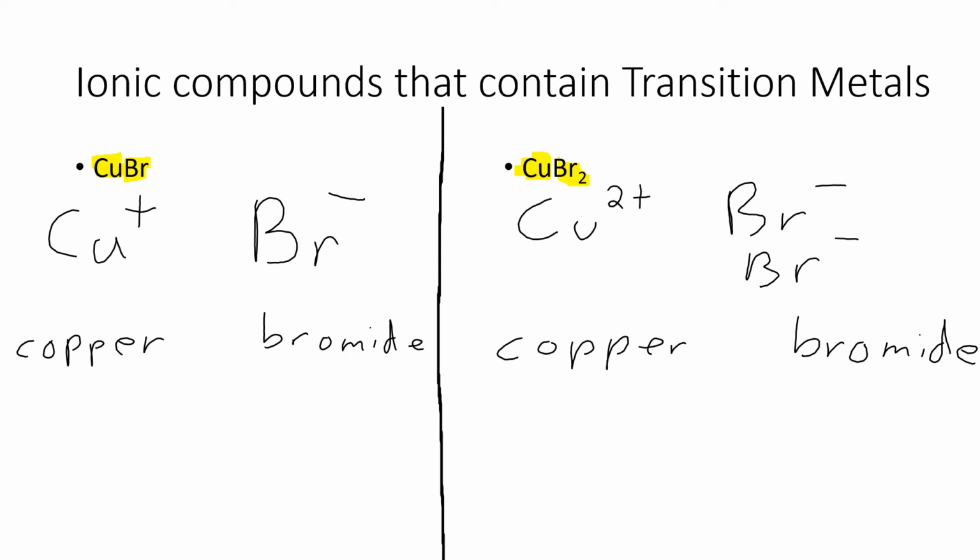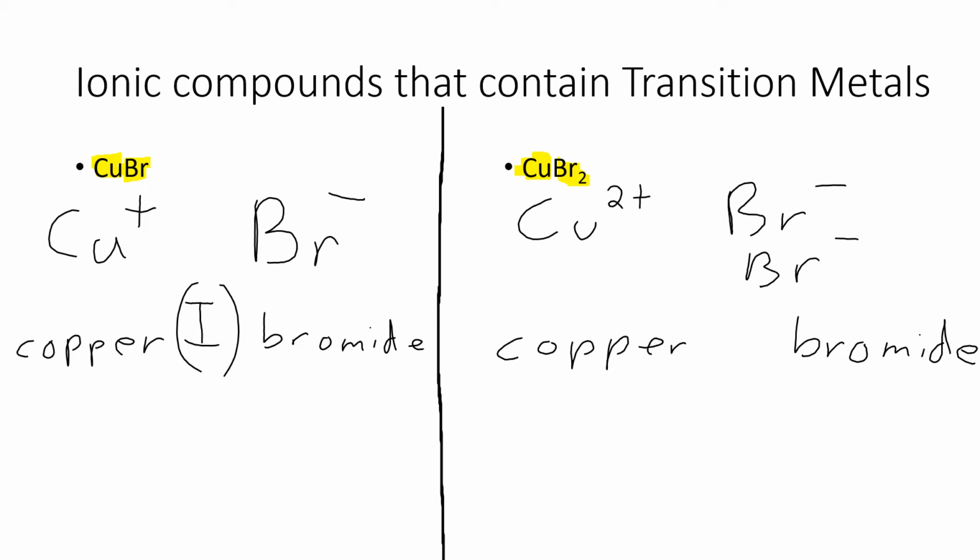And that's where that third rule comes in. You have to apply this rule when you're dealing with transition metal ions. And that rule says that for transition metal ions, use a Roman numeral to indicate the charge that the transition metal ion has. So let's look at the example on the left. The copper has a charge of +1. So that means I'm going to have to use a Roman numeral 1 to describe what's happening with the copper.